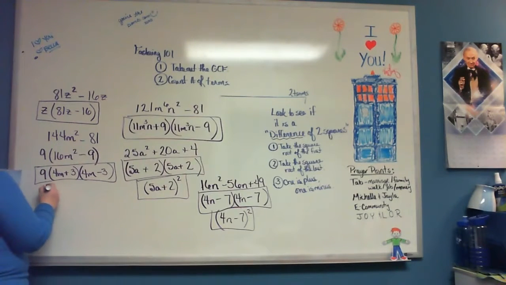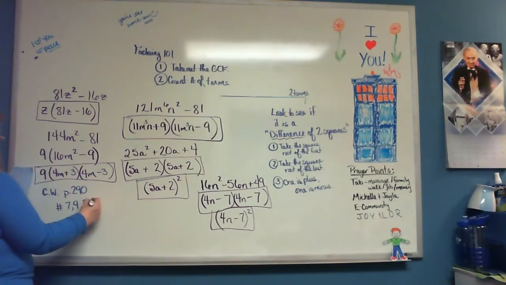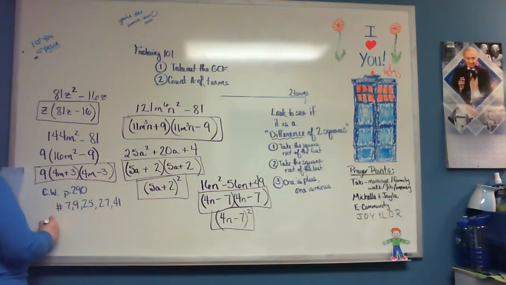Classwork for today. Page 290. Numbers 7, 9, 25, 27, 41. Homework. Page 290.